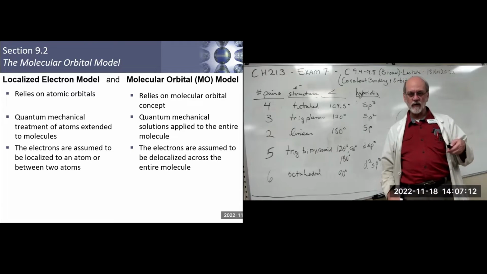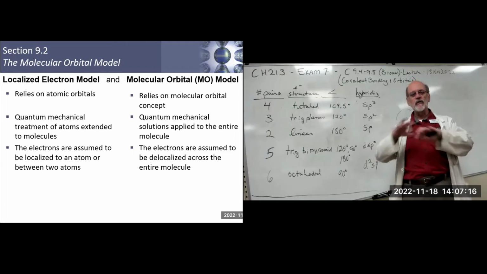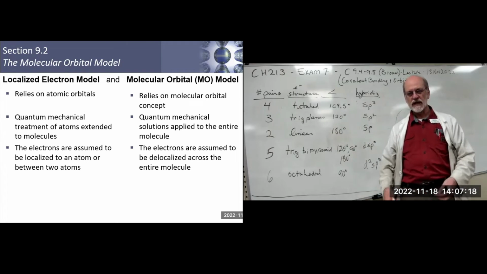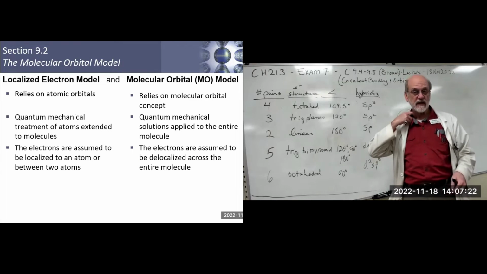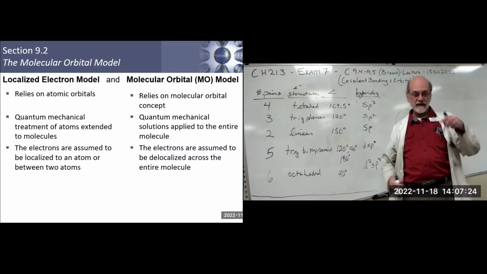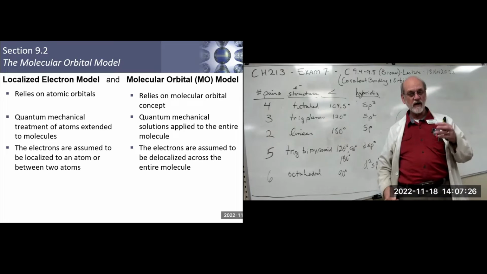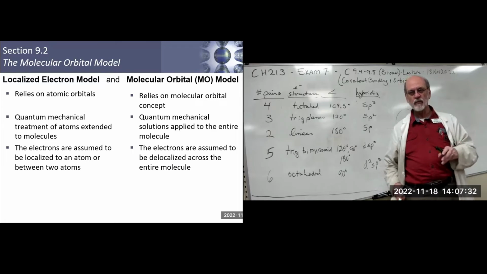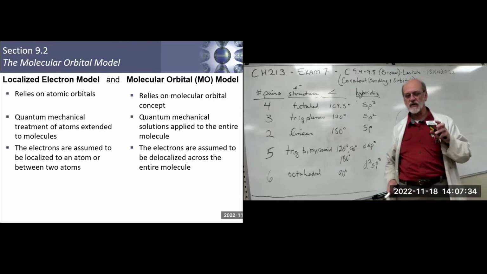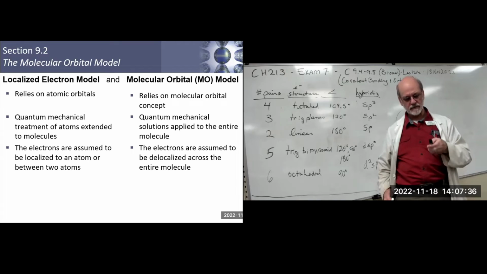Whereas the molecular orbital model says all these electrons are delocalized over the entire molecule in this new set of molecular orbitals. And in fact, this delocalization, remember that word, can be equated with stability. The more delocalized you can make electrons, the more stable the structure.